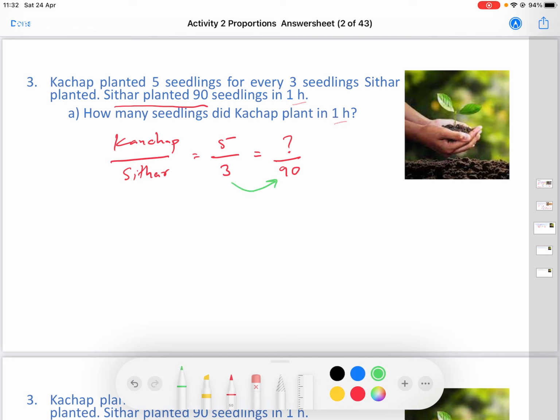Here, 3 times 30 is 90. Therefore, using the same scale factor, 5 times 30 is 150. Answer. Kanchap plant 150 seedlings in 1 hour.